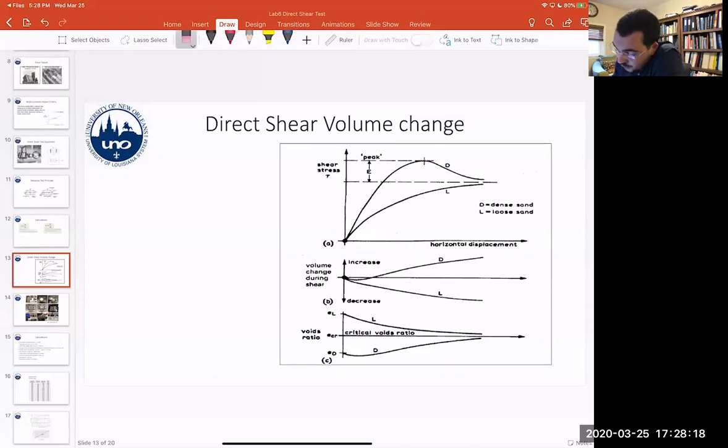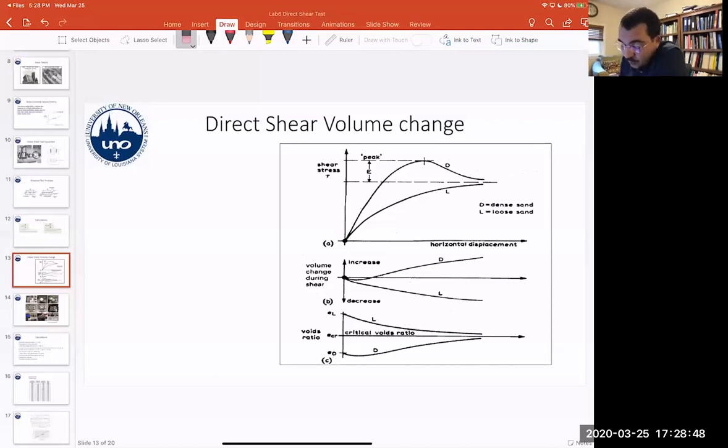For loose, we don't have a peak. It's going to increase as they move into a denser state. If there is water in between the particles, it's going to go out, and then it will reach a shear stress similar to the dense soil after a certain rate and a certain time of applied load on the sample.